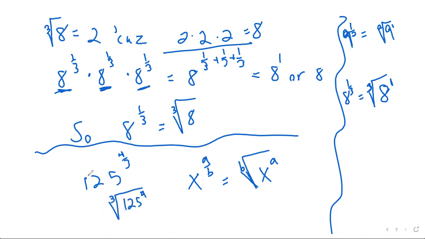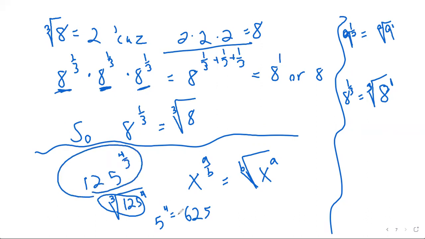And interestingly, because we can do these operations in whichever order, I could take the third root of 125 first, which actually is just 5, and then do that to the 4th power. And that ends up being kind of a nice number itself. It's 625. So something that we didn't see coming was 125 to some weirdo bizarre power actually ends up being a nice number sometimes. They don't always, most of the time they're nasty, I guess.